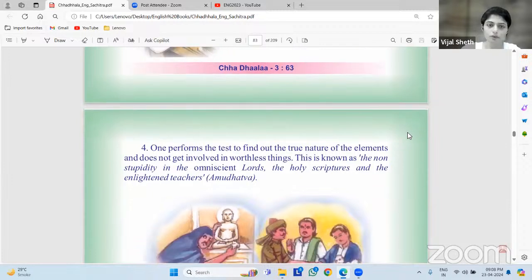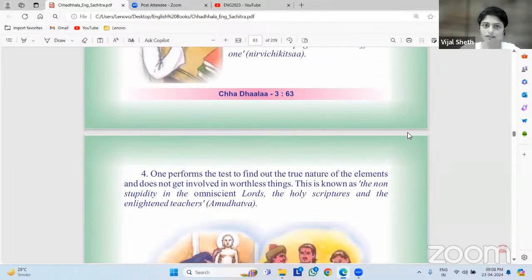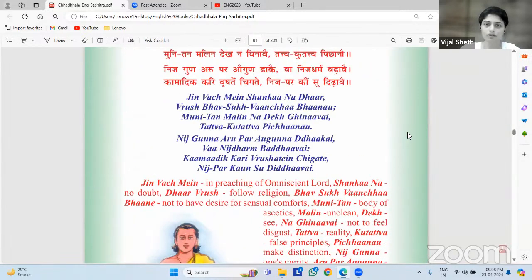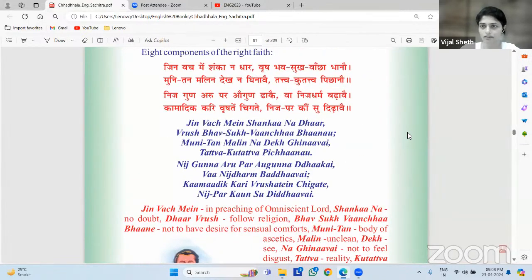So, the fourth one performs the test to find out the true nature of elements and does not get involved in worthless things. This is known as non-stupidity in the omniscient Lord, holy scriptures, and the enlightened teachers. So, again, the same thing has come, that they are knowing the nature of true gods, true scriptures, and true guru, and do not go behind any other false entities. The fourth one. So, till now: Nishankit, Nikankshit, Nirvichikitsa, Amud Drashti.